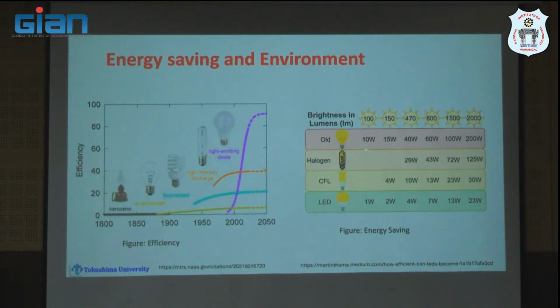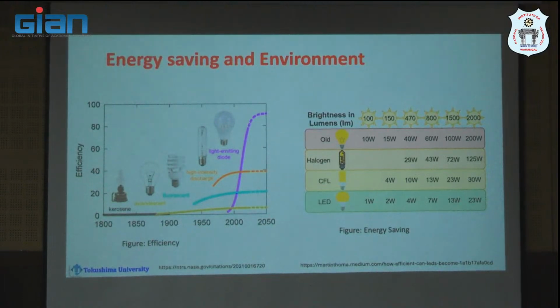Or if you want to create 2000 lumen brightness of light, you require almost 200 watts. But look at LED, 23 watts, 10 times less. So what does it show? Light emitting diode saves power.